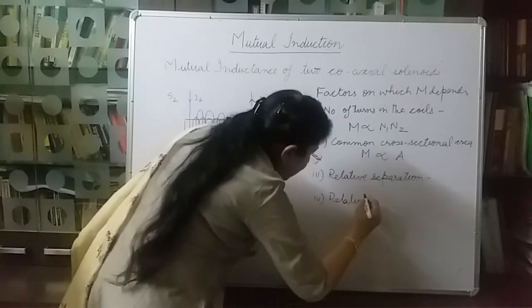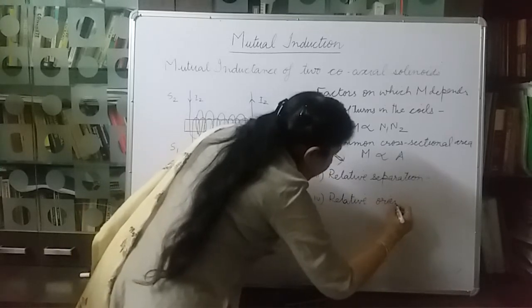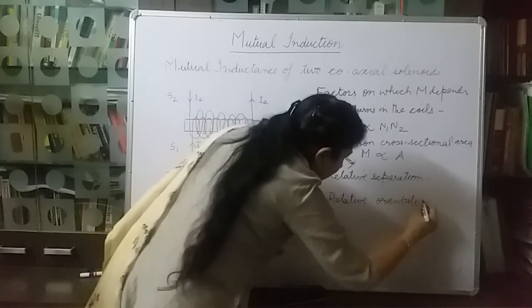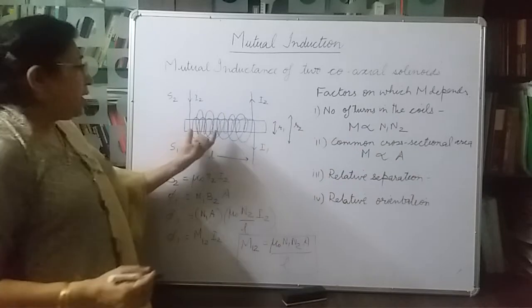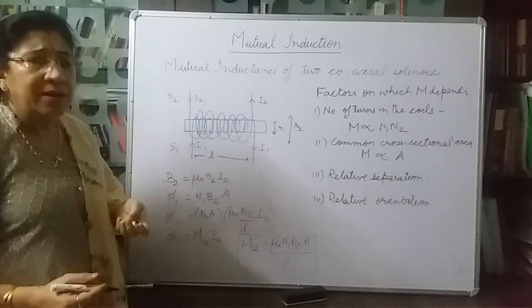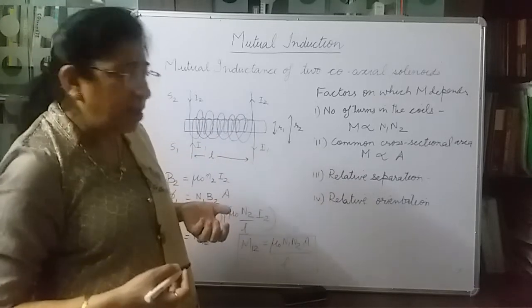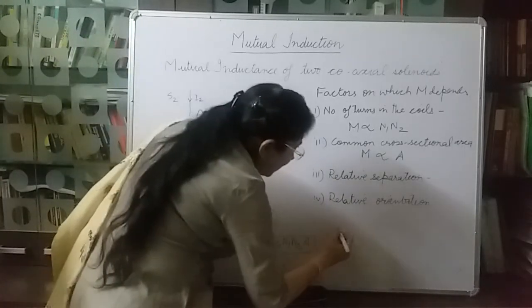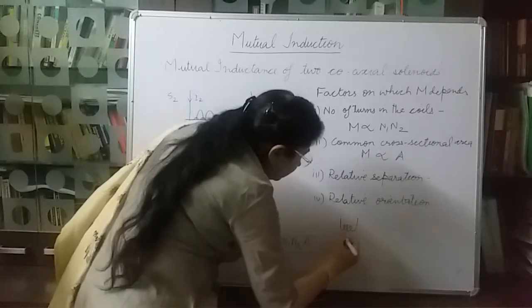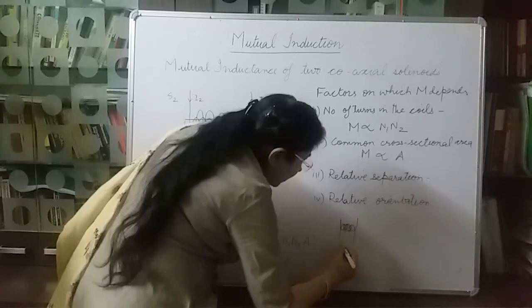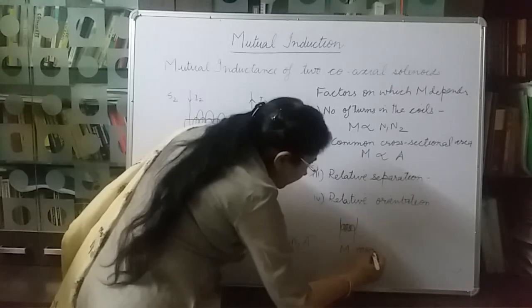It also depends upon relative orientation. Orientation means the angle between the two coils. In this case, they are wound over each other. When they are wound over each other, M will be maximum.